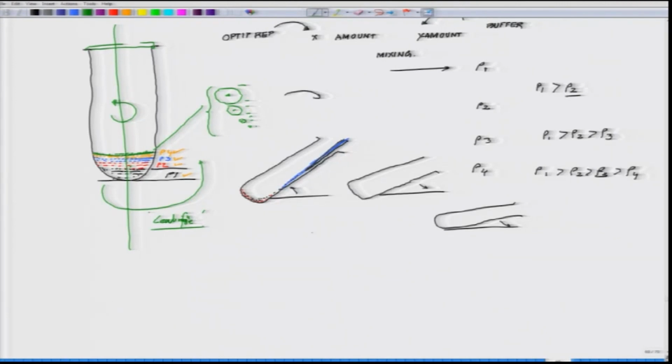So, in other words, if I have a density column like this of, say, D1, D2, D3, D4, D5, D6, D7. I am just doing this for your understanding.